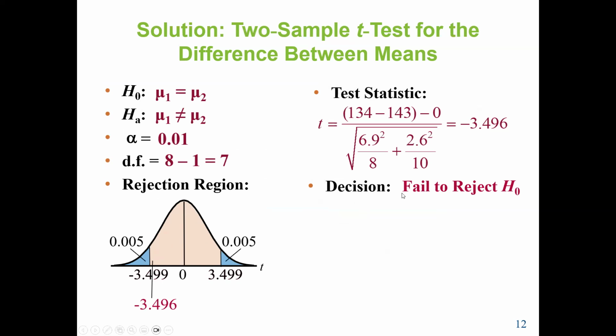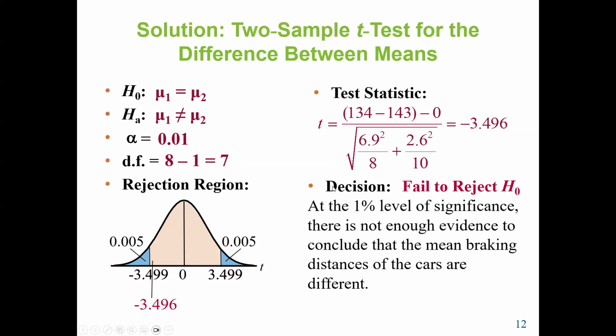So here we are going to fail to reject H0. Anytime it falls in the blue area, that's when we are going to reject H0. So this means at the 1% level of significance, there is not enough evidence to conclude that the mean braking distances of the cars are different, because H0 means they are the same.